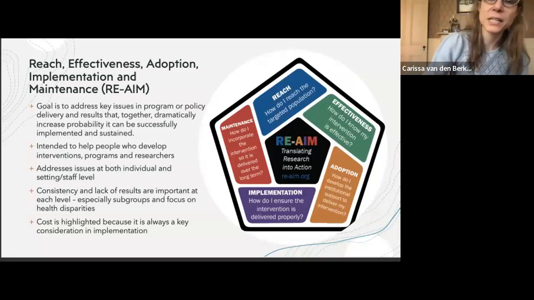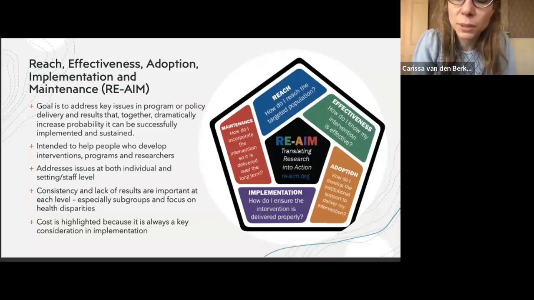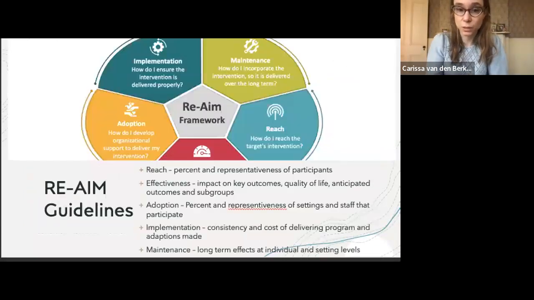It addresses the issue at both an individual and a setting staff level, and the consistency and lack of results are important at each level, especially the subgroups and focus on health disparities. Cost is also highlighted because it is always a key consideration for implementation. I mean, if something is too expensive, it's really difficult to get it to work.